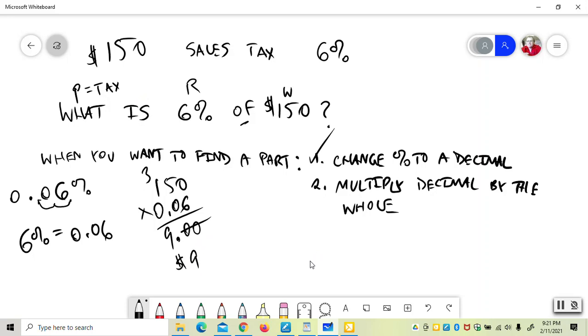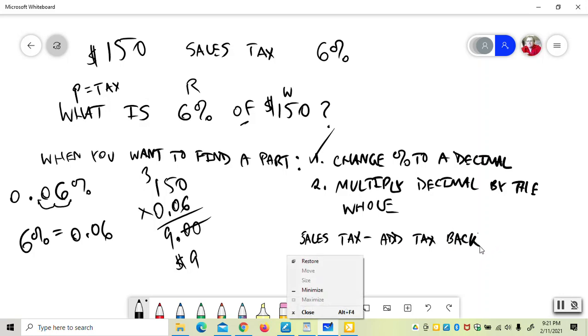Then for a sales tax, you need to add the tax back to the original price.